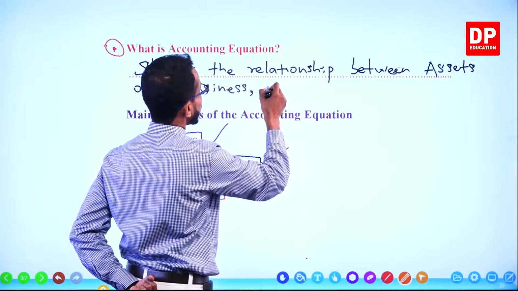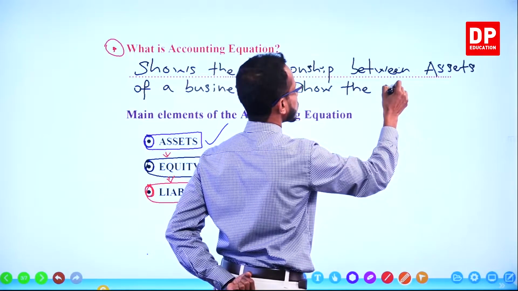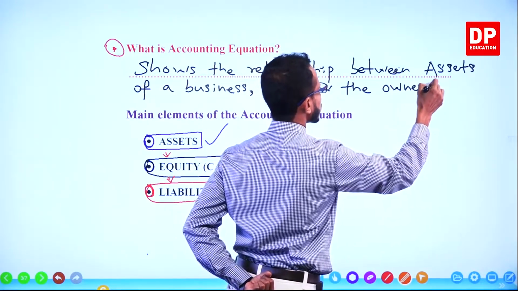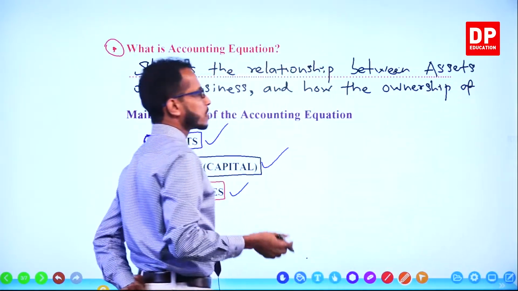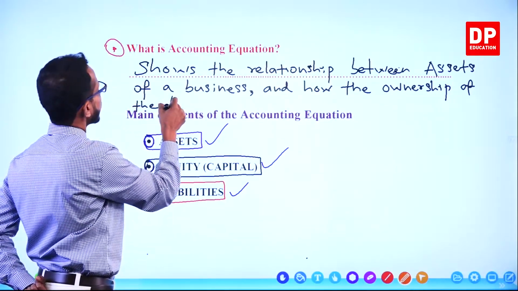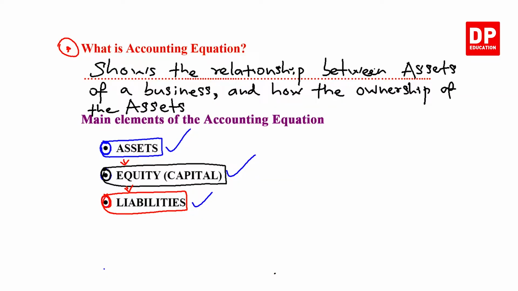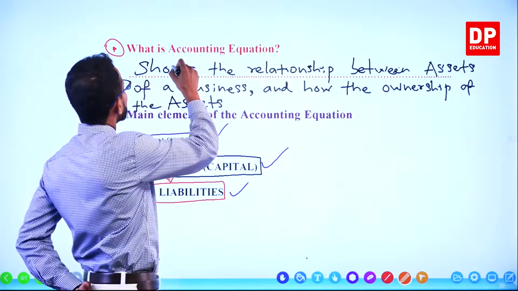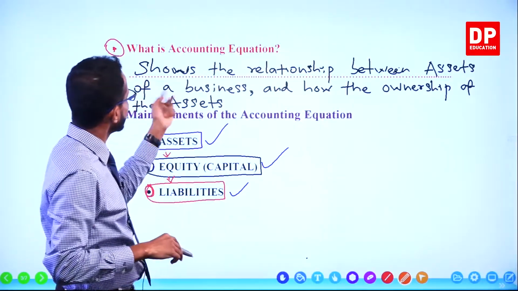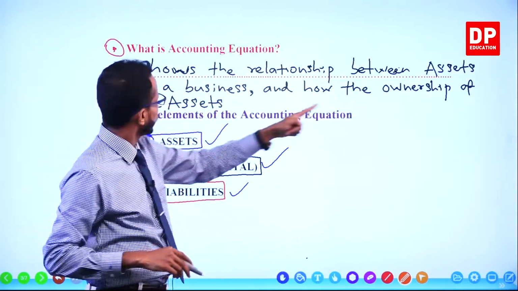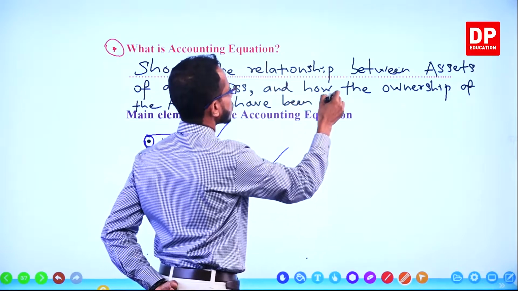The accounting equation is the equation which shows the relationship between assets of a business and how the ownership of assets have been formed.